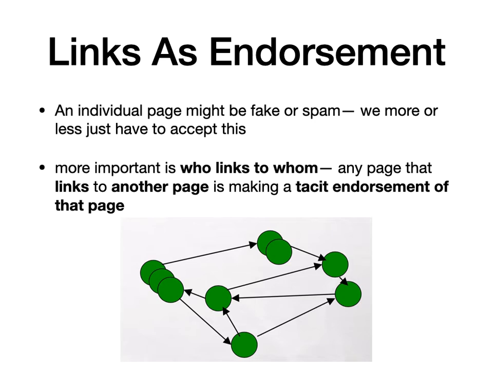So an important thought here is that a link to another page is a sort of tacit endorsement of that page. So if we can find bad pages, we can start to infer which pages are good and bad based on whether or not they are endorsing one another, right?